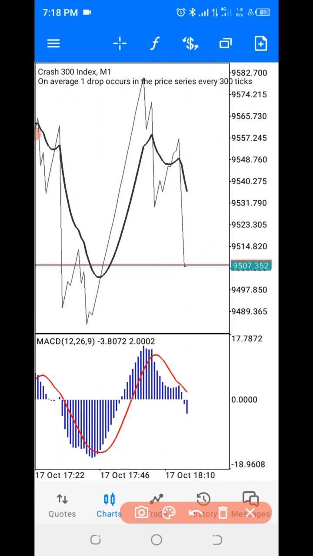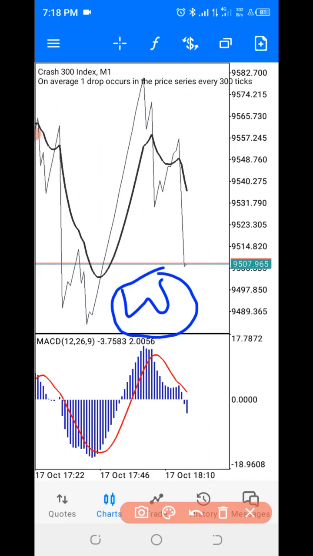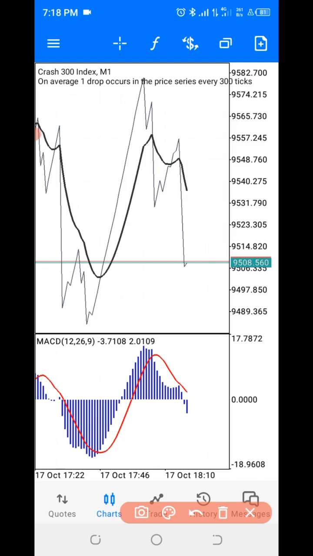The thing there is that when we talk about M's and W's, let me just limit it to W now, because for Crash 1000 it is going to be W, but for Boom 500 obviously it is going to be M. When we talk about M and W, there are variations to it. At least I know of 3 types of M and W that we have.